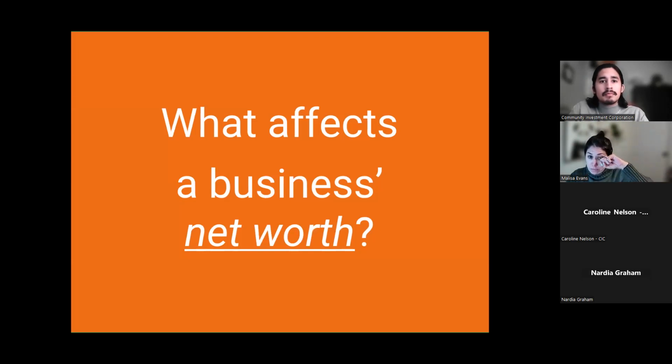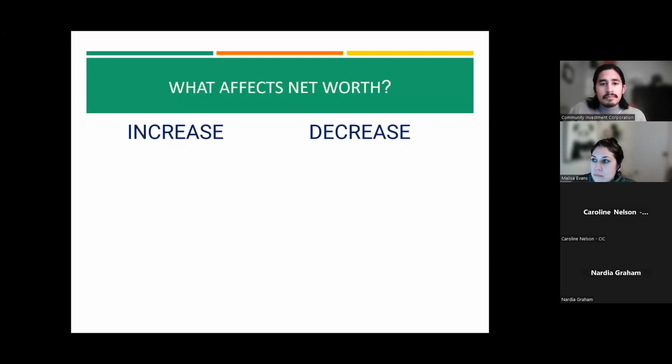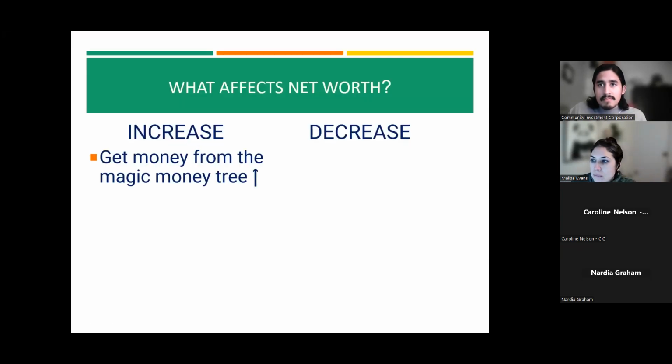So one of the things we want to figure out is what affects a business's net worth. And we've been talking about that a little bit on the current side, but now we're going to dive a little deeper. One thing that changes your net worth is if you were to get money from the magic money tree, obviously you would be increasing your net worth. But we know there isn't really a magic money tree.